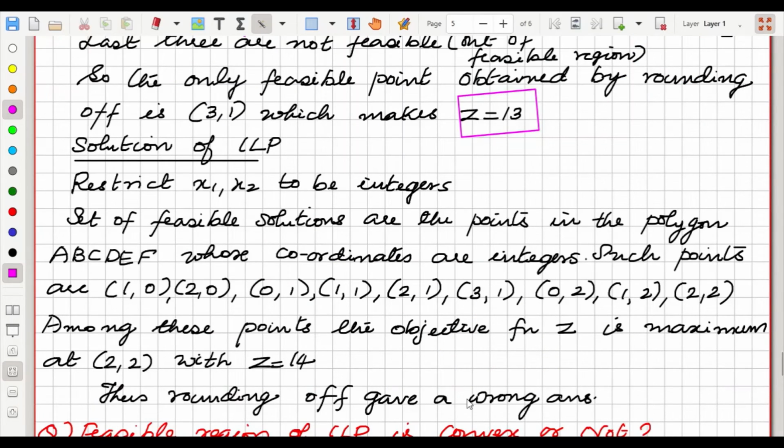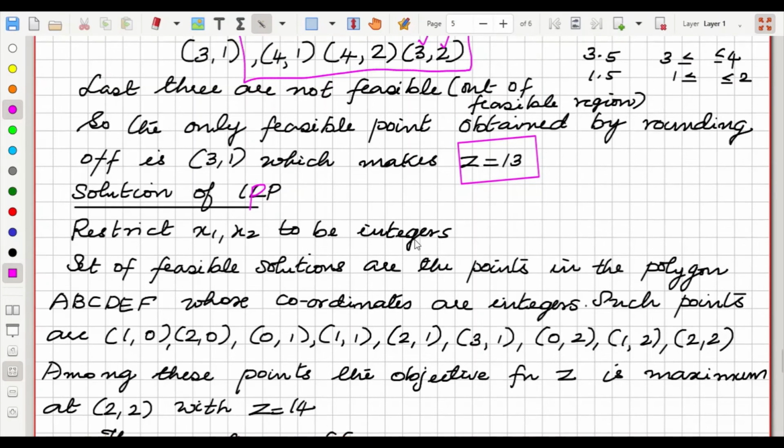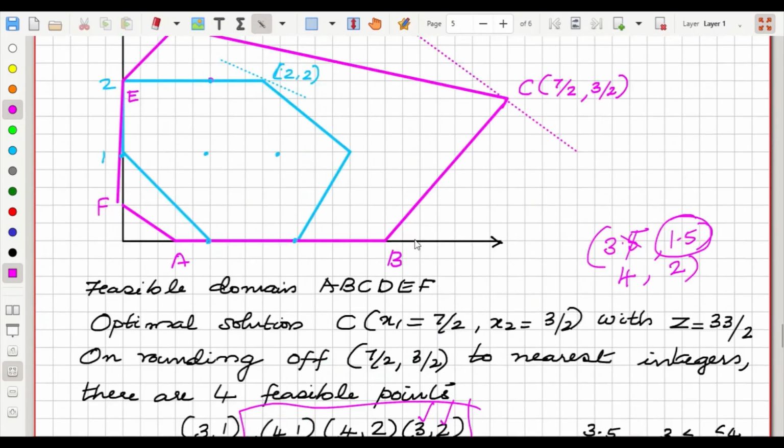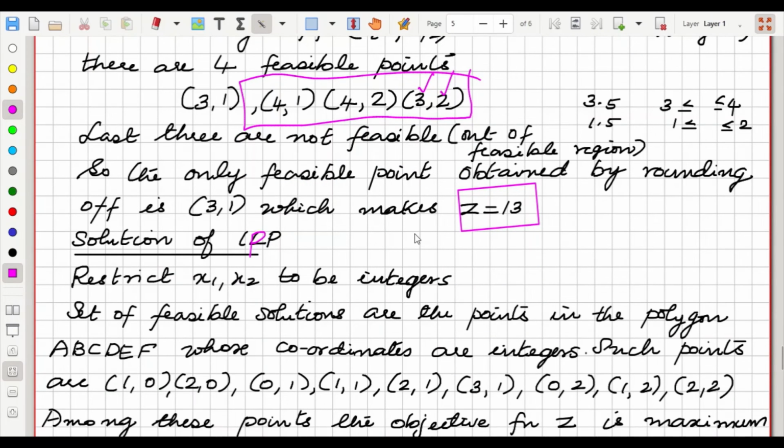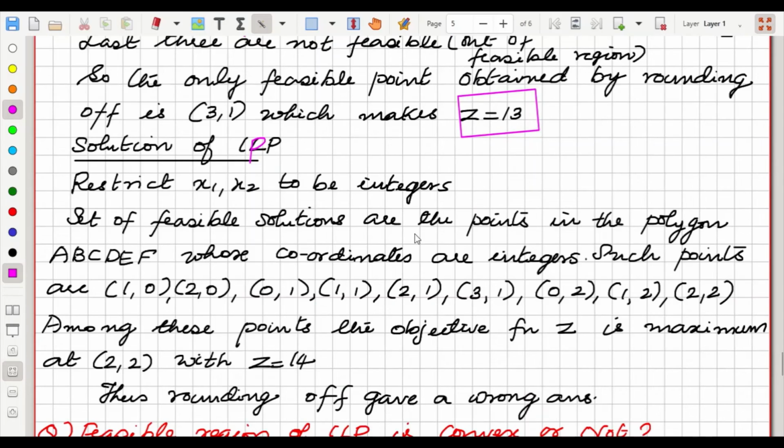This is our linear LPP. How will you solve it using the integer programming problem, IPP? Here we restrict x1 and x2 to be integers. The set of feasible solutions are the points in the polygon A, B, C, D, F whose coordinates are integers. Such points are (1, 0), (2, 0), (0, 1), (1, 1), (2, 1), (3, 1), (1, 2), (2, 2).